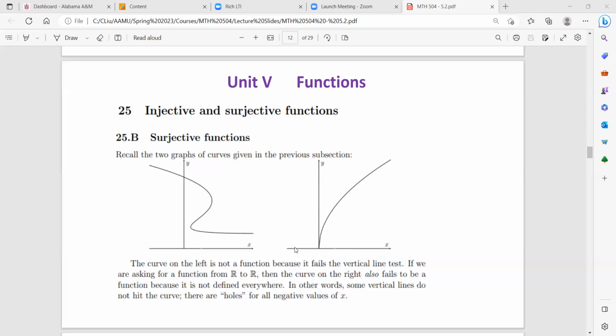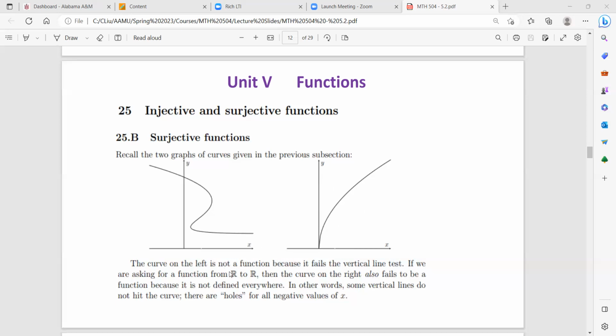So then you should map the next x value to some real number. In other words, the curve should be including both positive and negative x values. That's the definition of function.